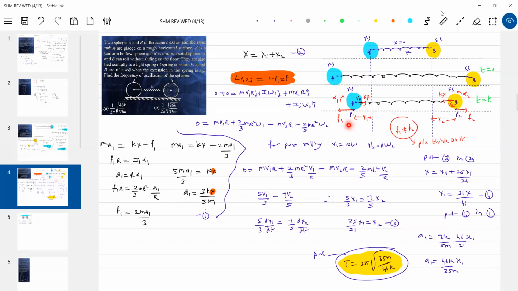I think in the notes during regular class we solved it where both were of the same shape, both were identical disks. In that case, f and f will come.